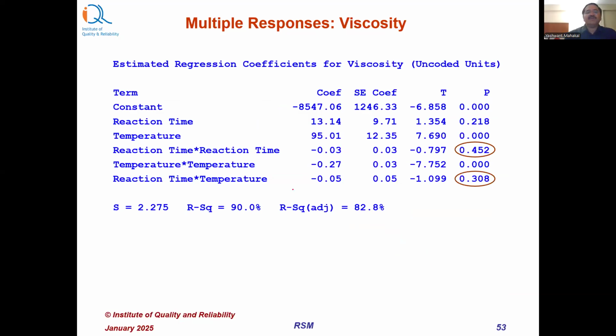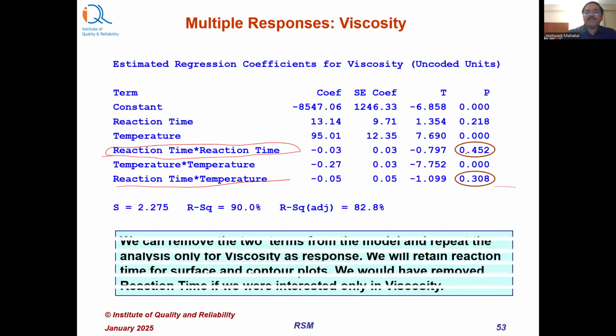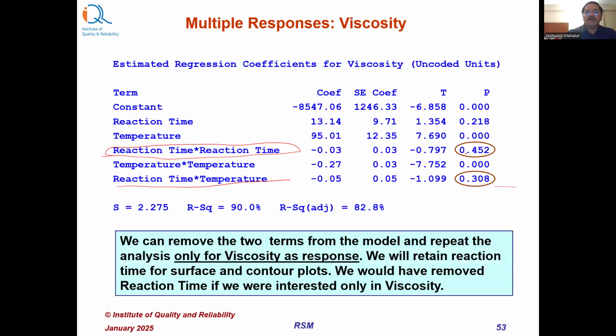Then you are doing it for viscosity. You can see for viscosity, the reaction time square term is insignificant, reaction time is insignificant, and this interaction is insignificant. We can remove these from the model, but that needs to be done separately.